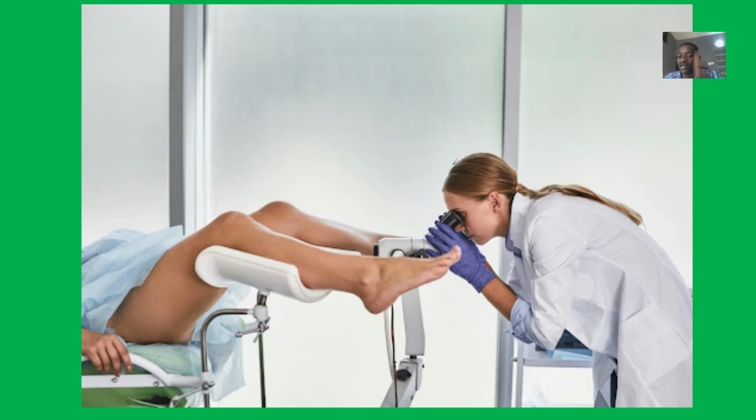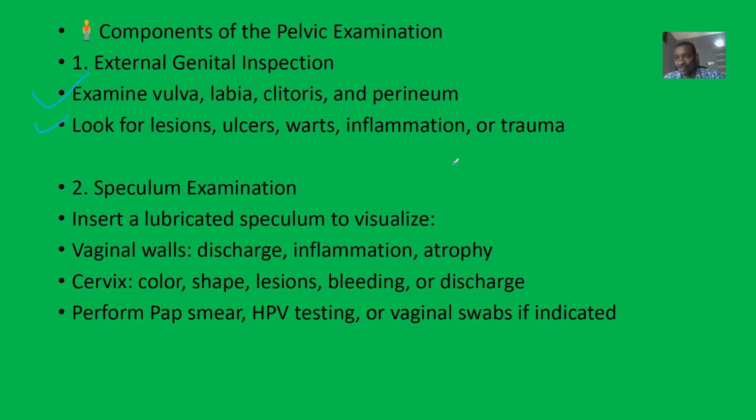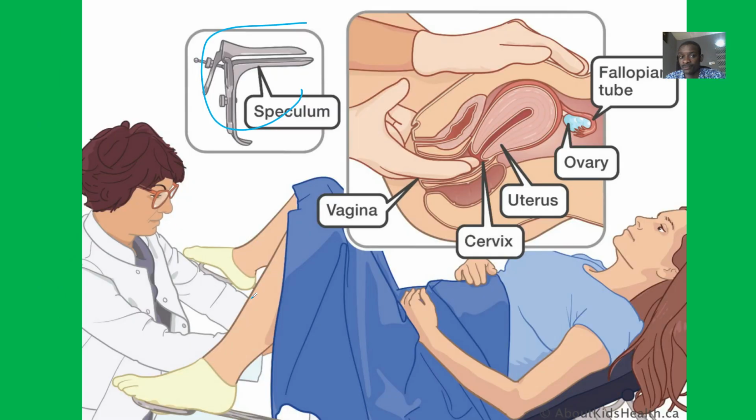Then from there you can use a colposcopy or hysteroscopy to observe inside. You are checking for vaginal walls, the cervix, characteristics of the cervix, and you can also take some samples, a vaginal swab or cervical swab, for pap smears or human papillomavirus testing.